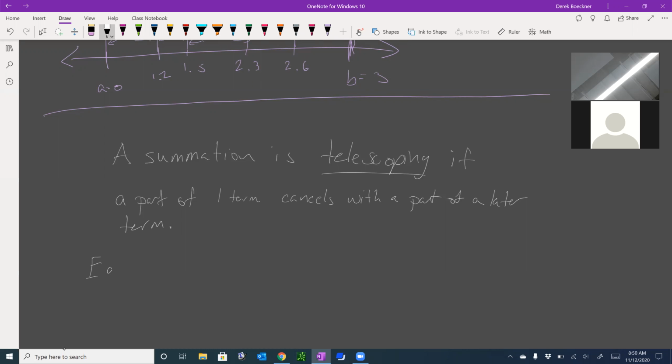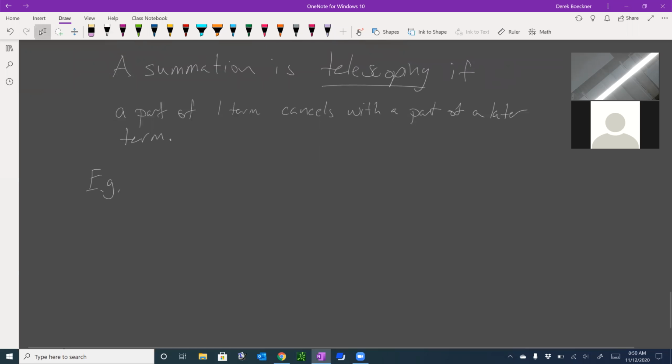I'll give you an example here. Let's say I want to sum this up. Right now I would have to add up 1 over 30 plus 1 over 42 plus blah, blah, blah, a whole bunch of stuff together, right?